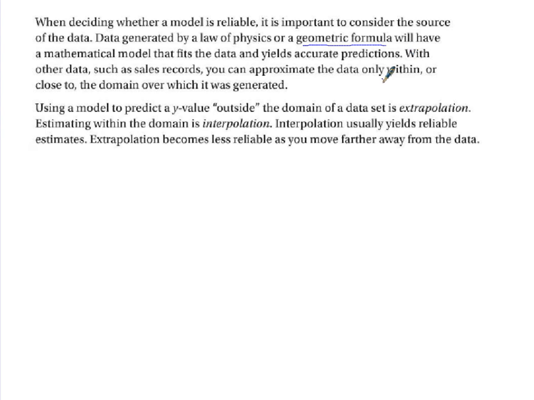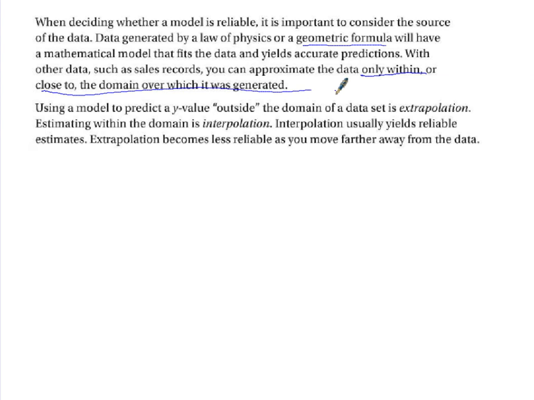With other data, like sales records, or the length of your foot compared to your height, stuff where you're collecting data not generated by some sort of formula, then you can approximate the data only within or close to the domain over which it was generated.